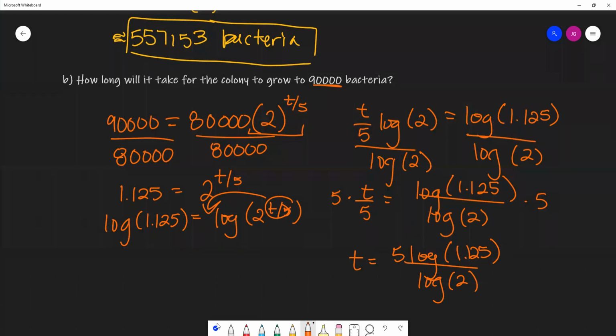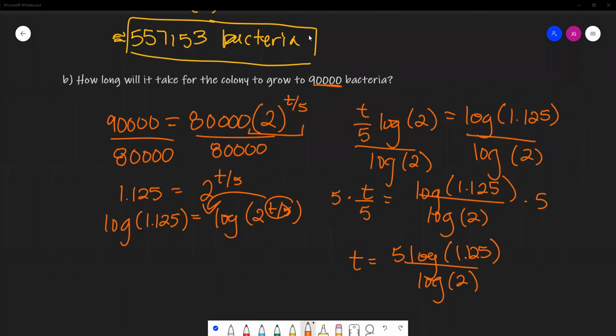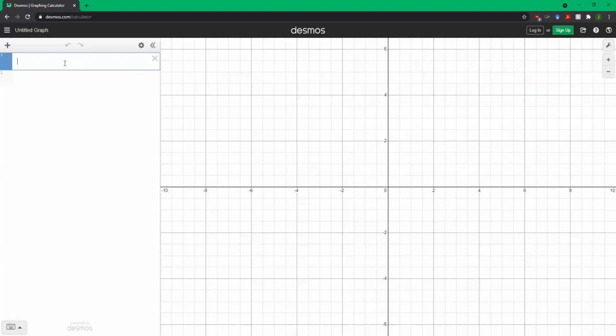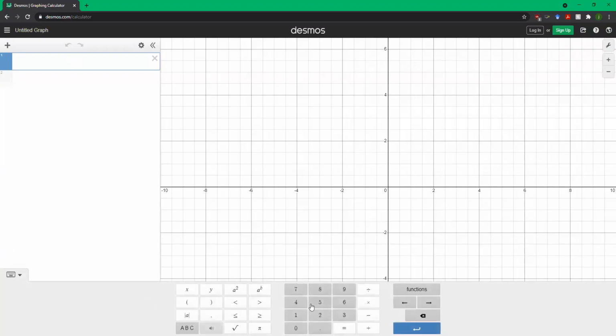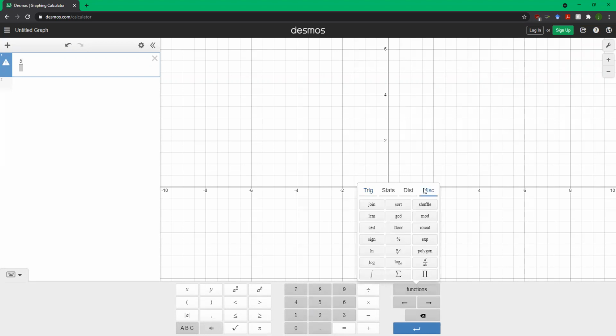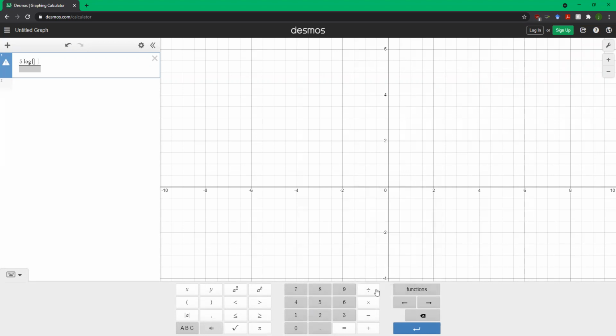Let me go ahead and switch over to Desmos to show you how we would do that in this case, right? That way we can just kind of put it all in one single line. So I'm switching over right now. So then I click on my first entry box, pull up my calculator, or my keyboard, sorry. Start with the division symbol so you can get the fraction. 5, go to functions and then miscellaneous, log.